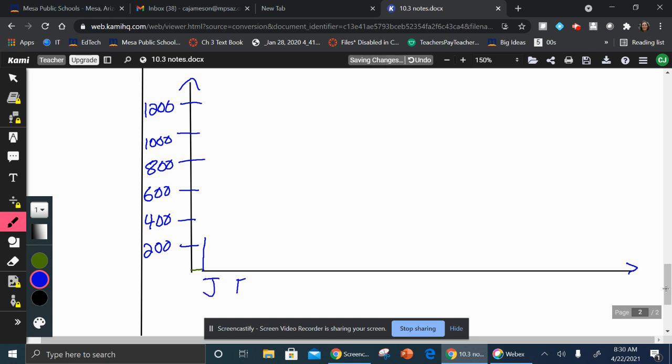January, February, March, April, May, June, July, August, September, October, November, December. Okay, so we'll put those on the bar graph. And then February is 200, so sorry, 120.